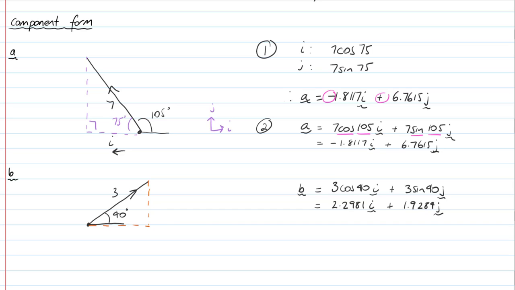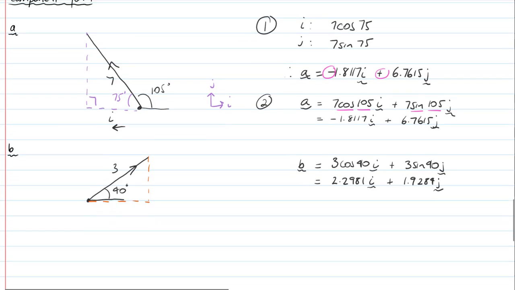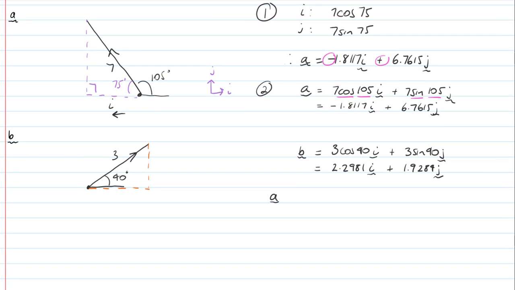So we've got our i and j components, and so then we can calculate a plus b is equal to 0.4864i plus 8.6899j. Done.